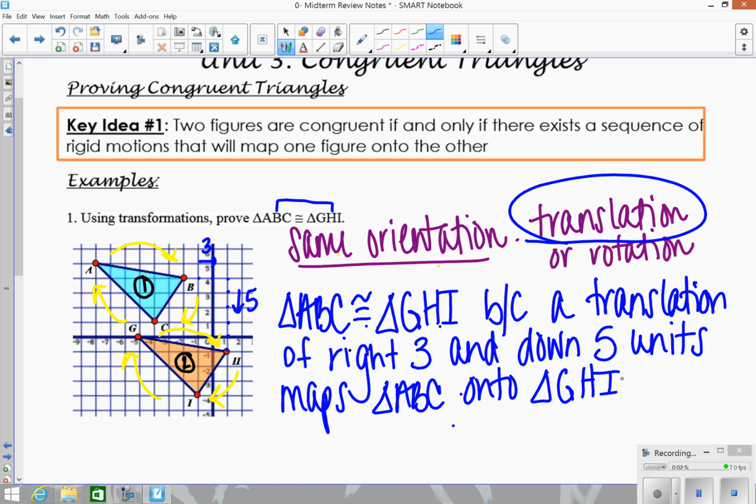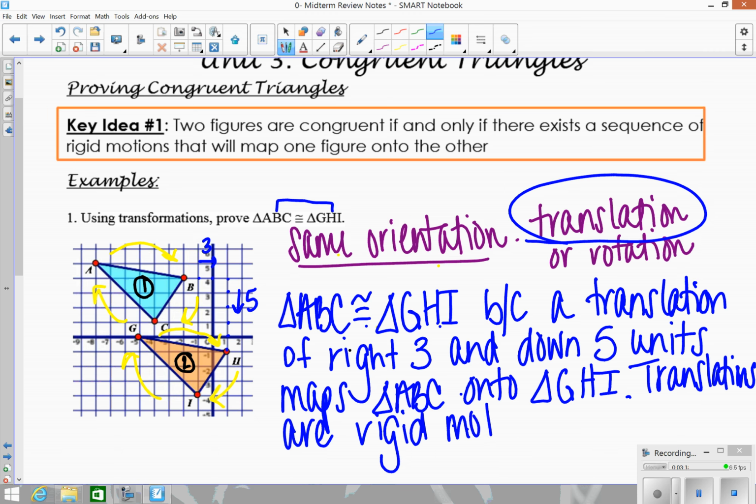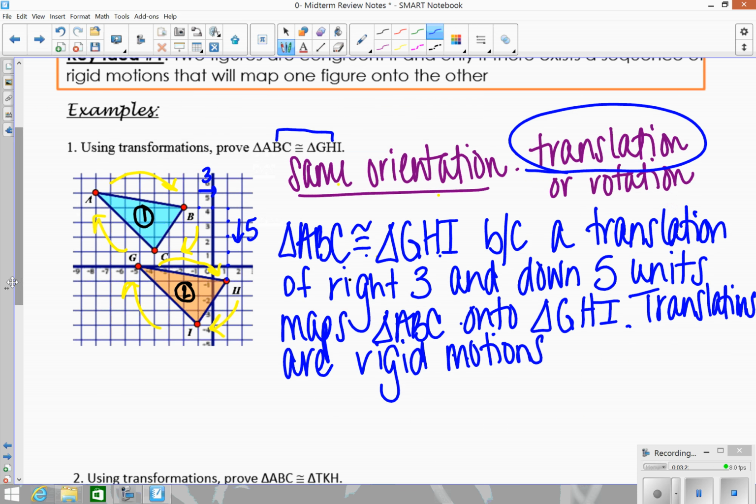It's important to make sure you state the order here. So it's this triangle mapping onto triangle number 2. So that means I started with triangle 1 and it moved to triangle 2. And then we need to mention that translations are rigid motions, and since they are rigid motions, you could also say rigid transformations, either one.